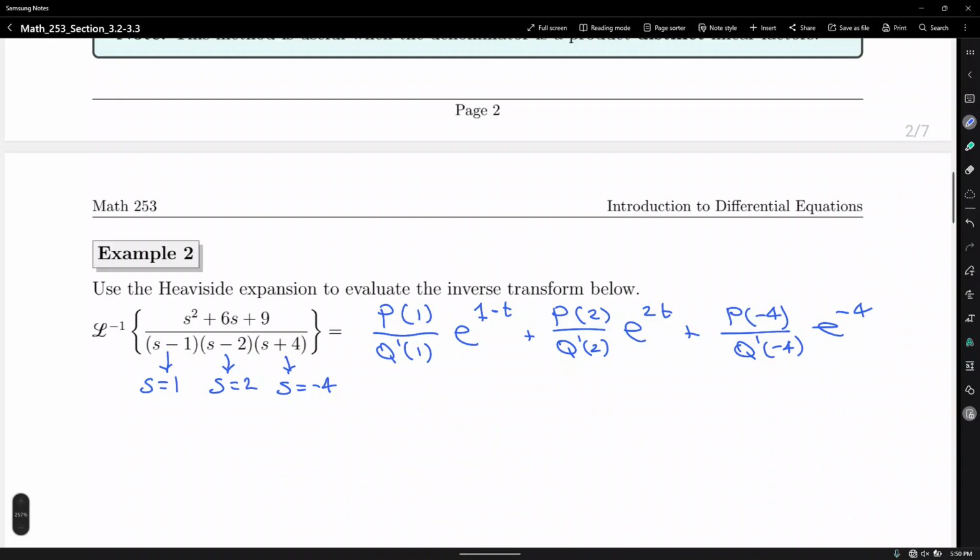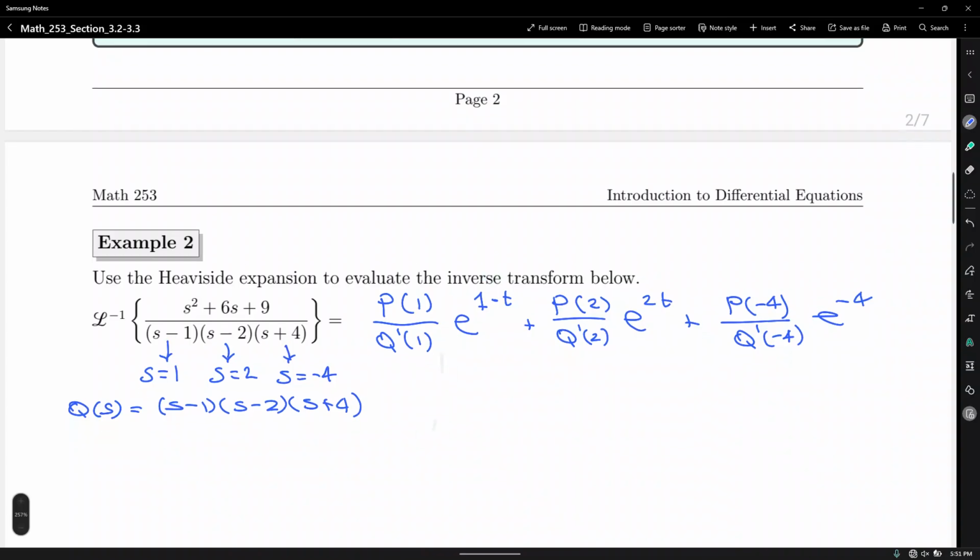Okay, now let's compute the following. What's Q of S in this case? Q of S equals the product of these three factors: S minus 1, S minus 2, and S plus 4. Well, you don't want to differentiate this function while you have three factors, right? I mean, you can use a triple product rule, that's fine.